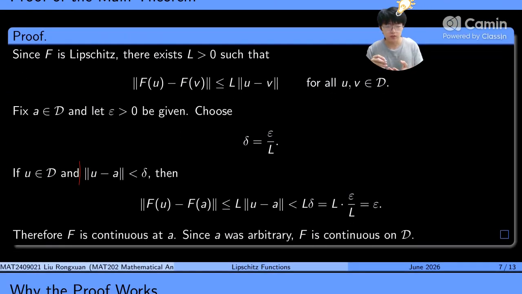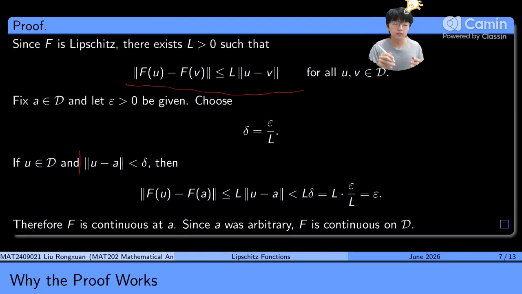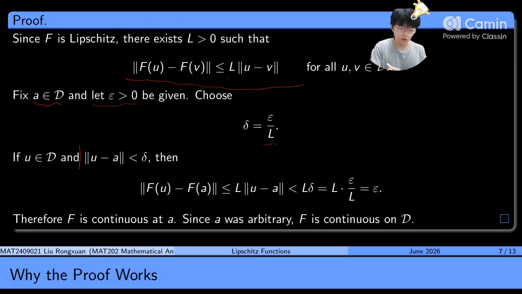Since f is a Lipschitz function, the inequality holds for all u and v in the domain D. We know a is inside D and epsilon bigger than 0 is fixed. So we choose delta to be epsilon over L, where L is a constant from here.